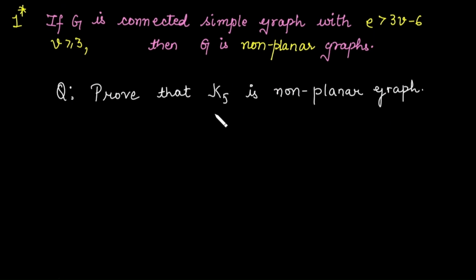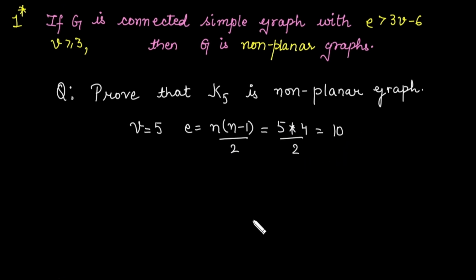K5 is a complete graph with 5 vertices. The total number of edges in K5 is n times (n minus 1) divided by 2, where n indicates the number of vertices, that is 5 times 4 divided by 2, which equals 10.